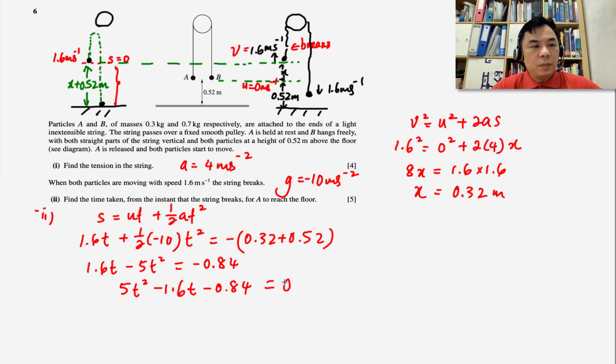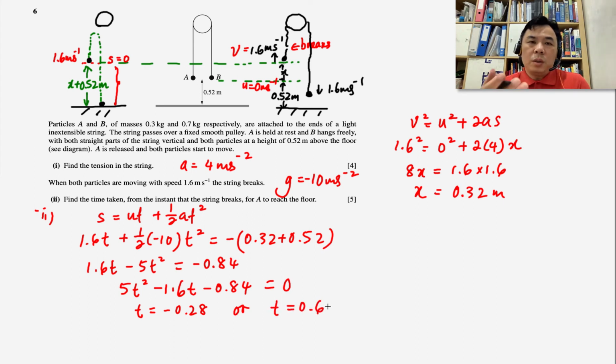Okay, so from here we get quite a nice number. We will get t equal to negative 0.28 or t equal to 0.6.